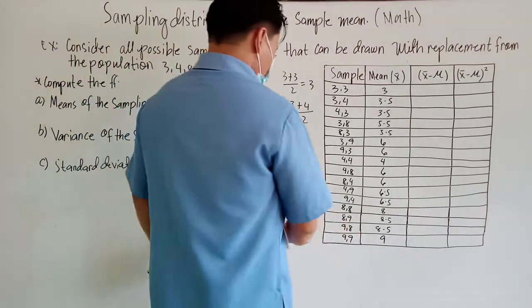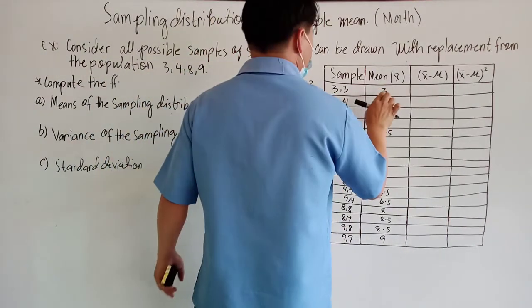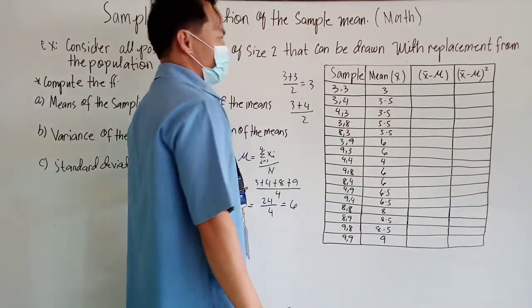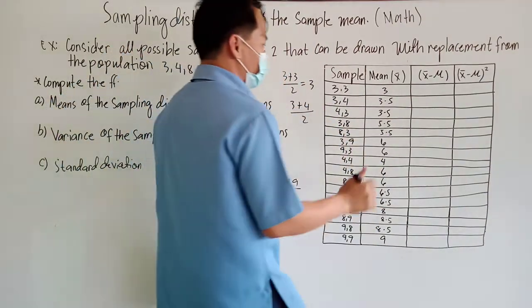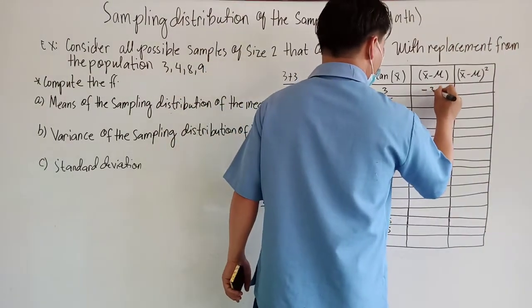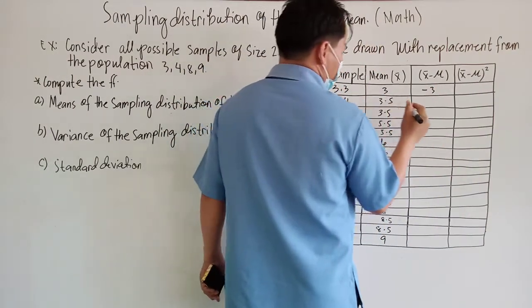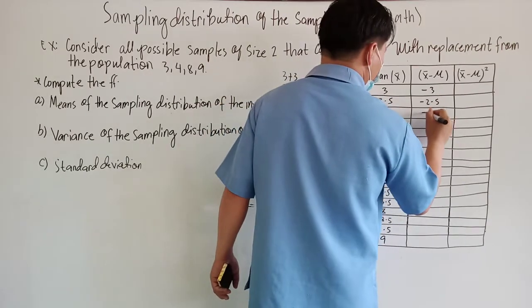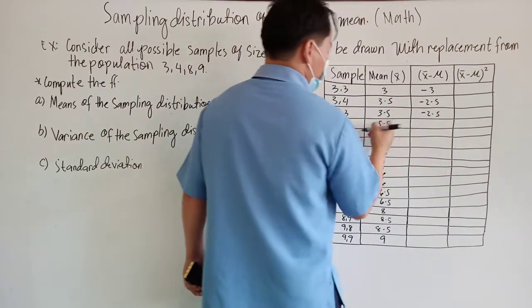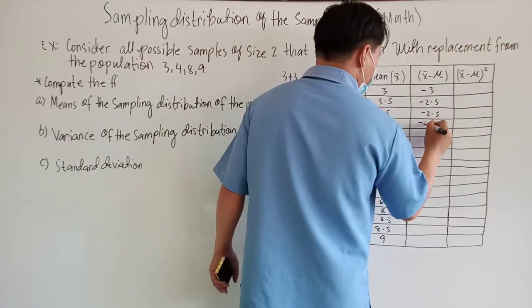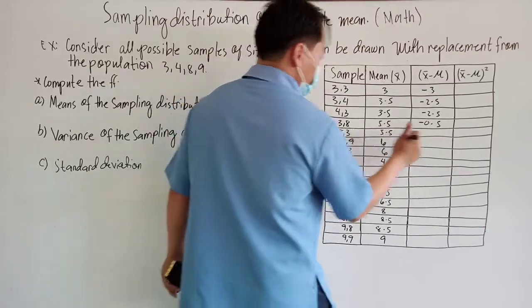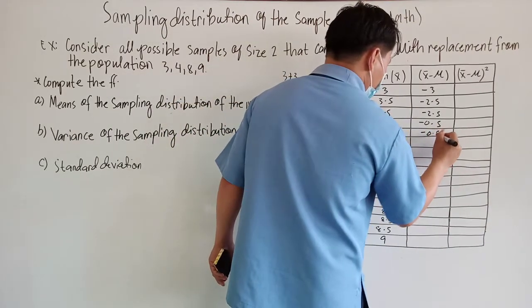So all we have to do is subtract 6 from the mean of each sample. We have 3 minus 6 is negative 3. 3.5 minus 6 is negative 2.5. This one stays the same, negative 2.5. This one is negative 0.5, and next is also negative 0.5.